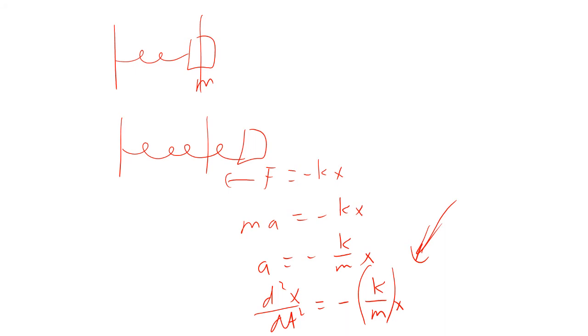And so that means this is a very analogous sort of thing. So the second derivative of q with respect to time squared equals minus 1 over LC times q.